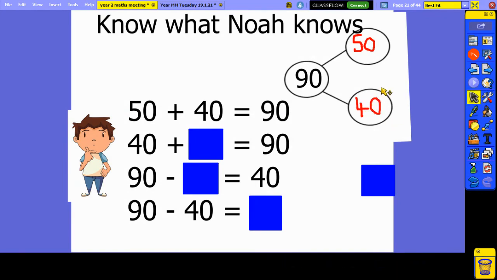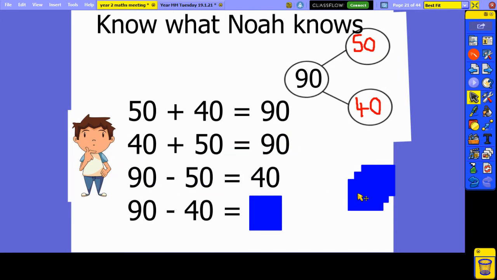Now I know this, I'm sure I can work out the missing numbers. 50 plus 40 equals 90. So 40 plus 50 equals 90. 90 subtract 50 equals 40. So 90 subtract 40 equals 50. Good job.